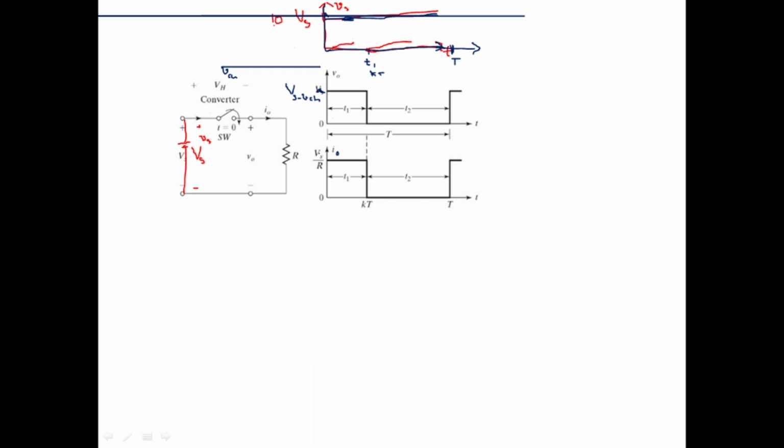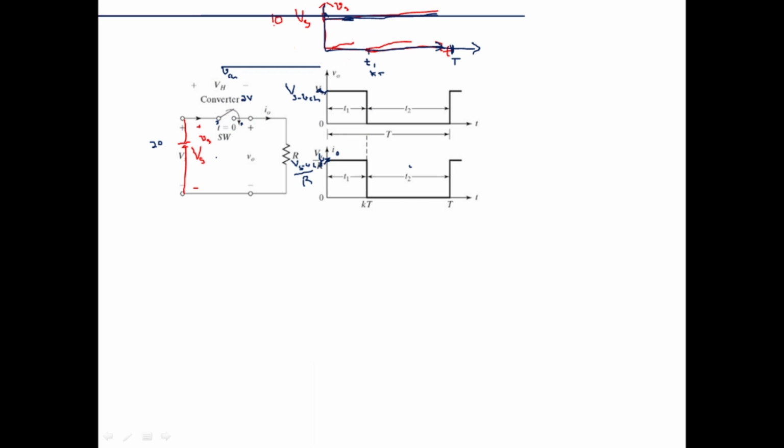So this also, instead of this, I should write Vs minus V chopper divided by R. This height becomes Vs minus V chopper divided by R. For example, if this is 2 volt and this is 20 volt, this height becomes 20 minus 2 divided by R, because out of 20, 2 volt is dropped here, and remaining 18 volts comes here.